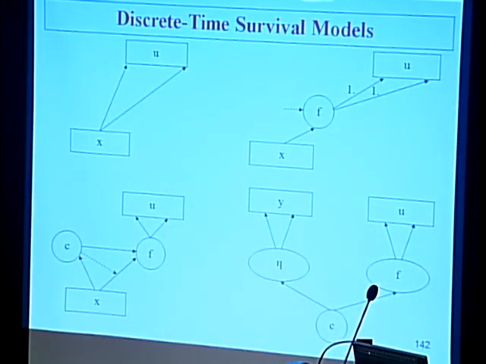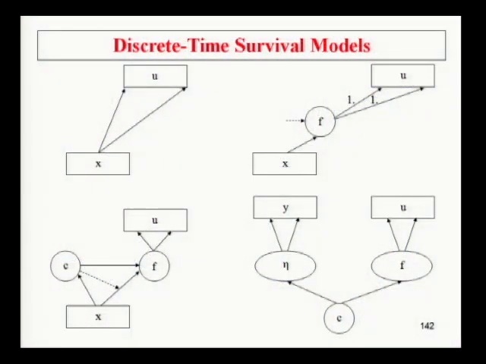Bottom left, you have a hazard survival model combined with the latent class model that we're going to talk about in August. Different latent classes of individuals having different hazards. And bottom right, you have a combination of, can you see what this model says? Well, here is very much shorthand for a growth model.